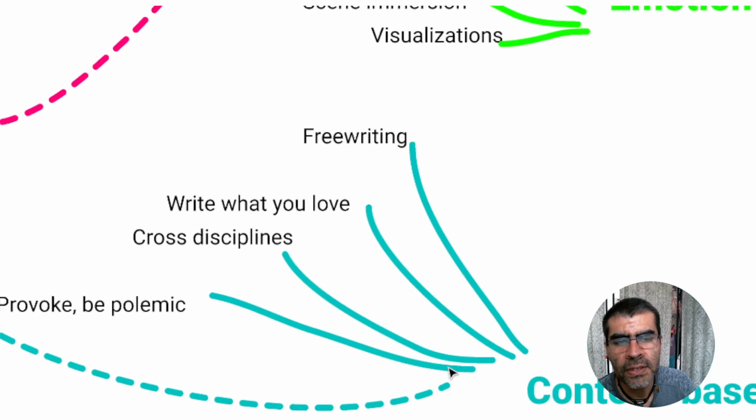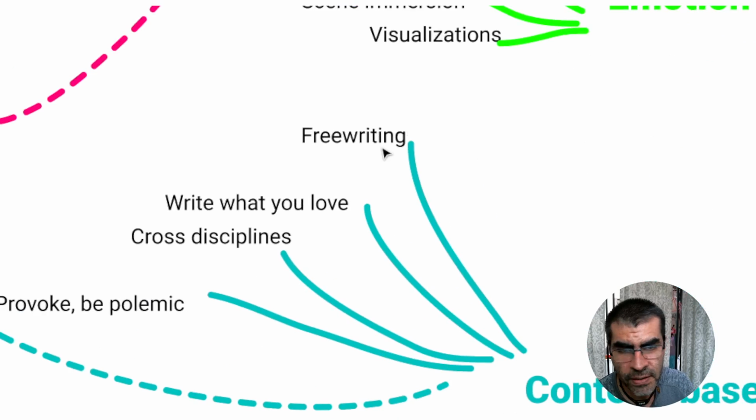There are content-based stressors. Free writing is a very good one, at least for me. Write what you love. Start writing what you like, what you love, and then try to connect it with what you need to write. Those are different things, and if you understand that, it can really help you with your writing.